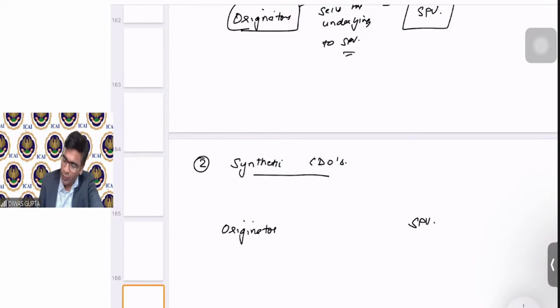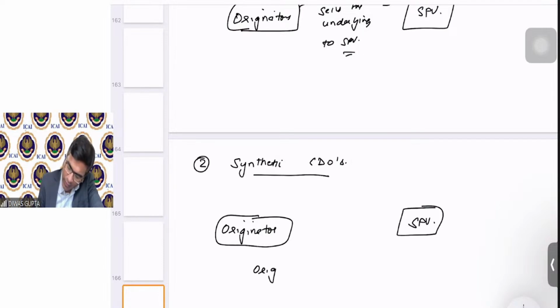Now the originator will not transfer the underlying to the SPV.